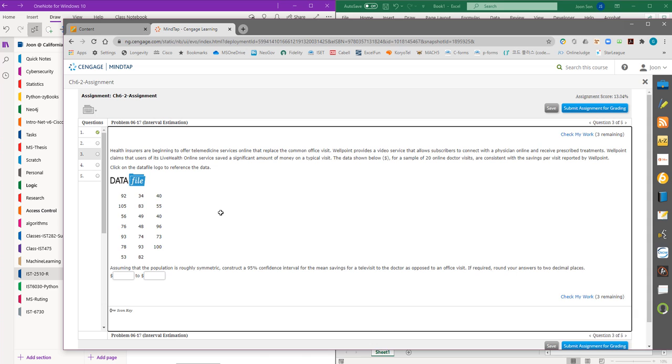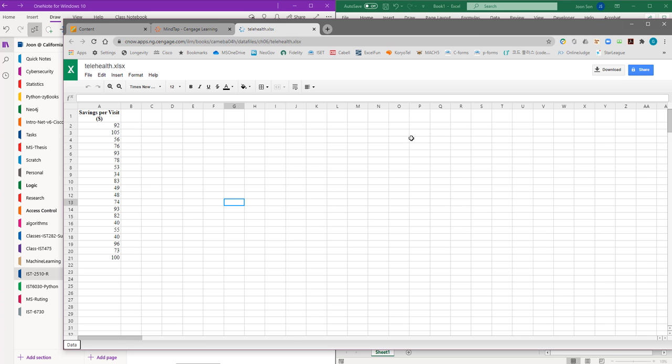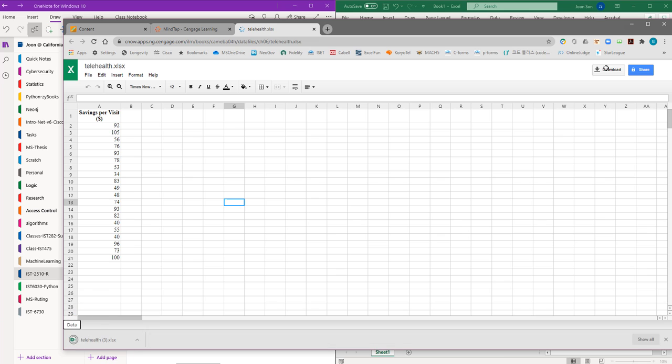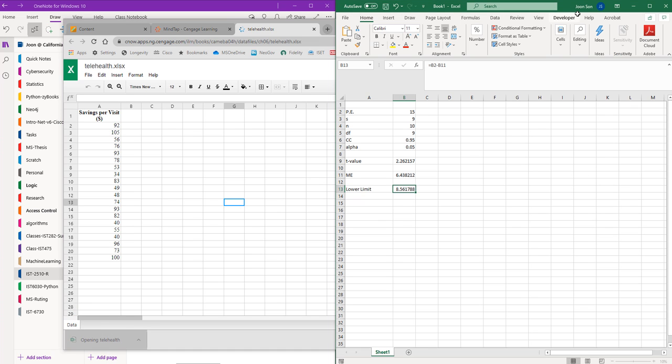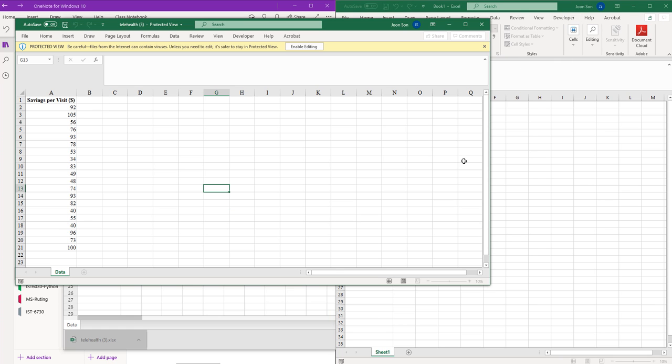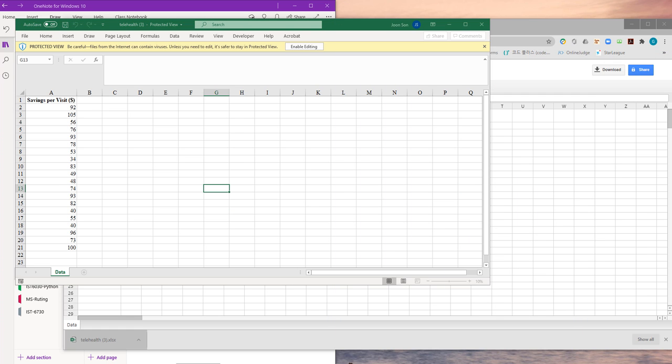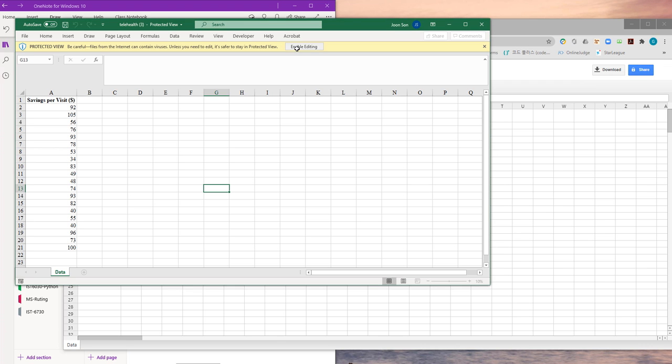Basically this is a sample, and they ask you to find the 95% confidence interval. So first go to the data, download the data, and open it. Enable editing.